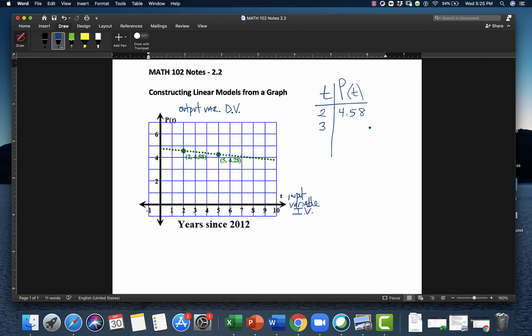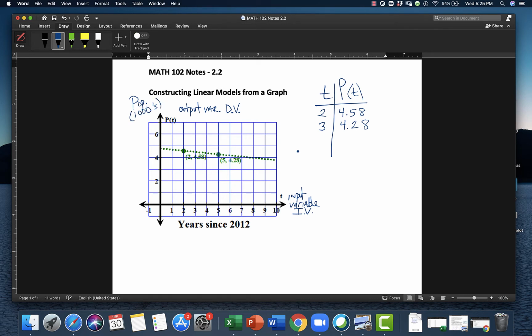Okay, so we have 2 and 4.58, and 3 and 4.28. Let's just interpret the first data point real quickly. This first ordered pair is saying 2, that means 2 years since 2012, which is the year 2014. The population is 4.58. Now this actually is in thousands. I copied this from the workbook. This is the population in thousands.